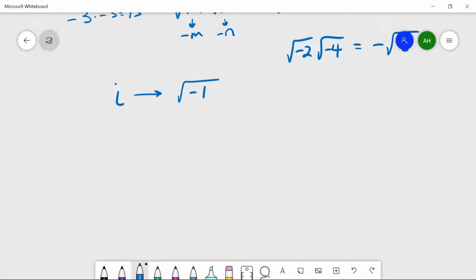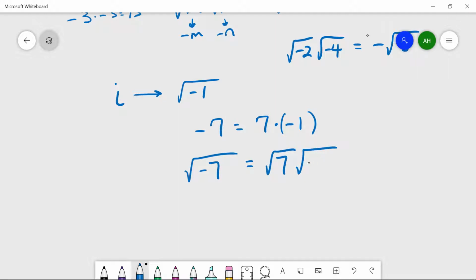All right, think about the fact that negative 7 is equal to 7 times negative 1, right? So then if I'm looking at the square root of negative 7, I can say that is equal to the square root of 7 times the square root of negative 1, right?